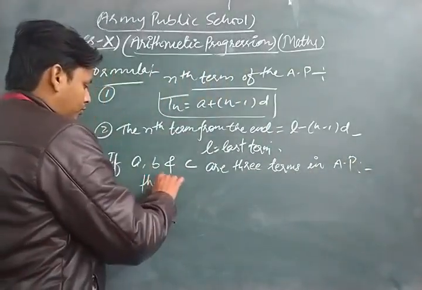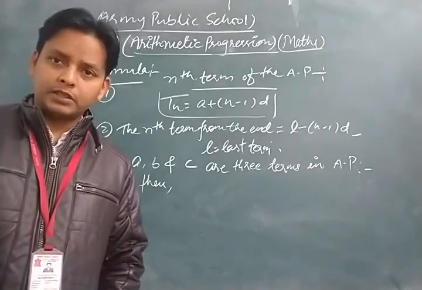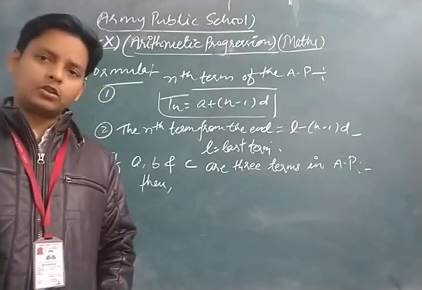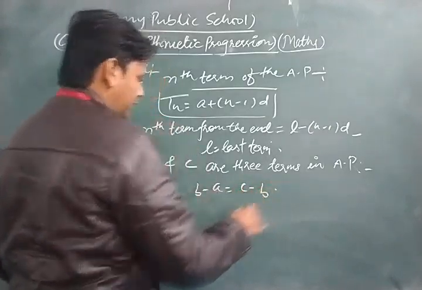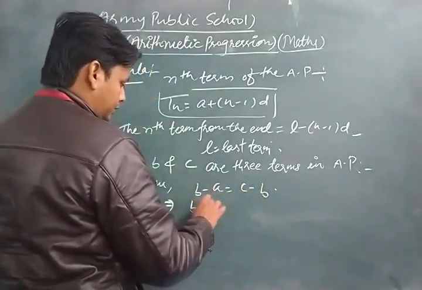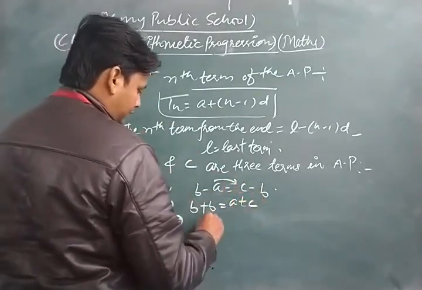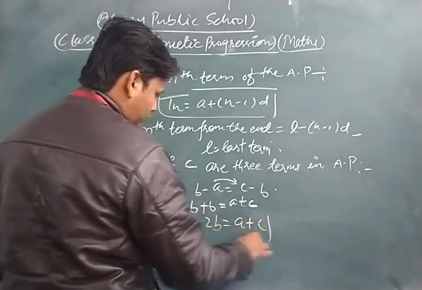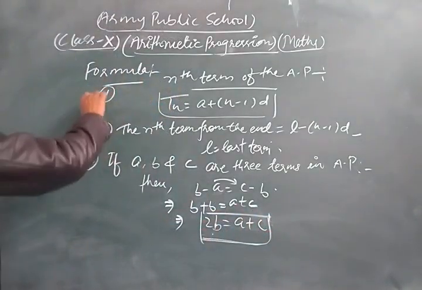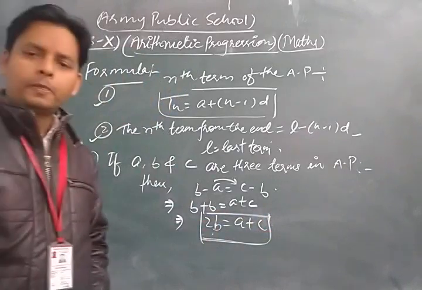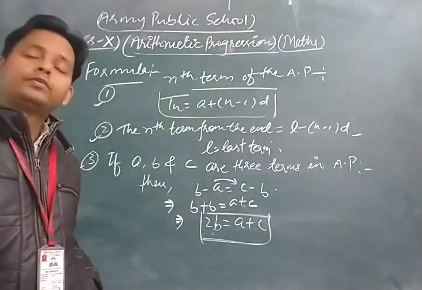Dear students, if any three terms are in AP, then their common difference will be the same. Because they are in AP, the common difference is the same. So b minus a is equal to c minus b. Now we transfer b to the other side, that is plus b, and a to that side, so this is a plus c. That is, 2b is equal to a plus c. Okay, so this is the concept of that topic.